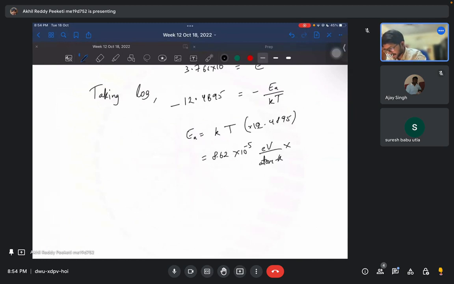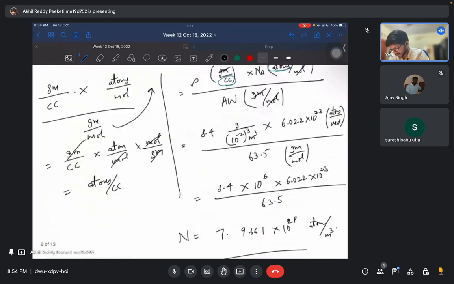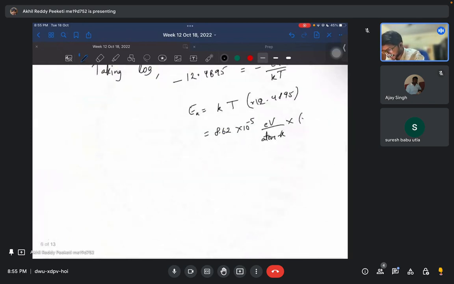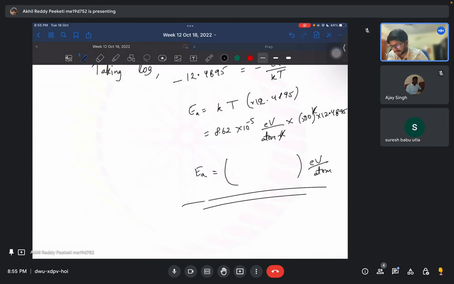Into temperature, we were given 500 Kelvin. So 500 into 12.4895 Kelvin. Kelvin Kelvin gets cancelled, so you are left with electron volt per atom. So this is the activation energy.